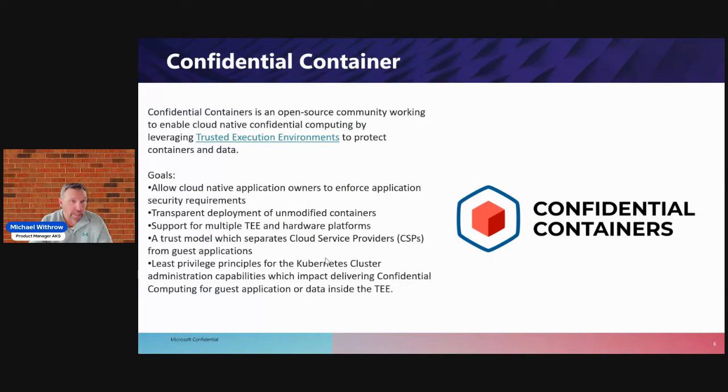Secondly, we brought in the Confidential Containers open source project as well. As you can see, this is built on top of the trusted execution environment to protect the containers and the data within those containers.